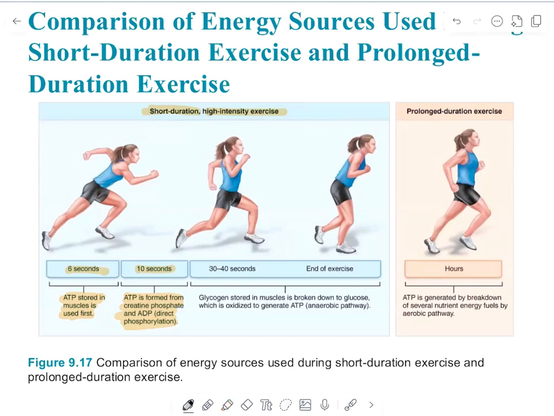And remember that phosphorylation simply means transfer of the phosphate. Then for the next 30 to 40 seconds, the glycogen in the muscles is broken down into glucose, and that's oxidized to generate ATP. But remember, one glucose only produces 2 ATP. So it's really not meant for longer exercise than this.